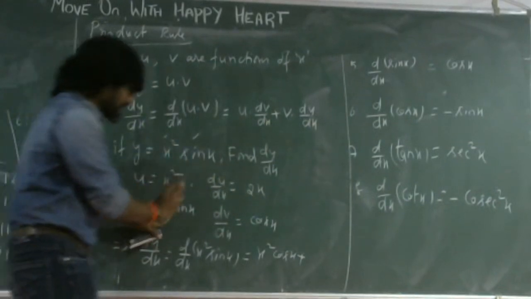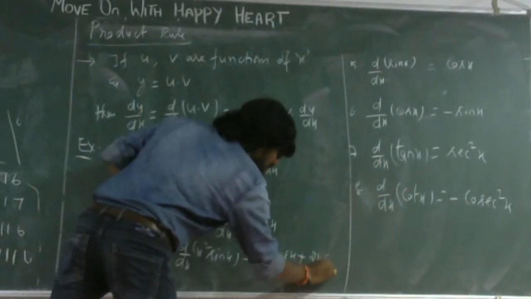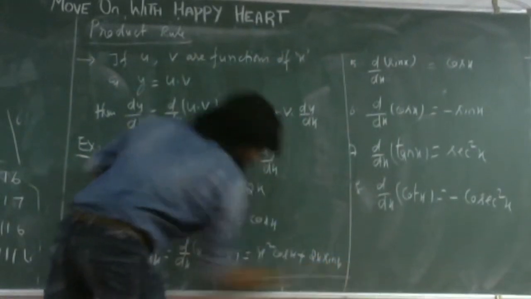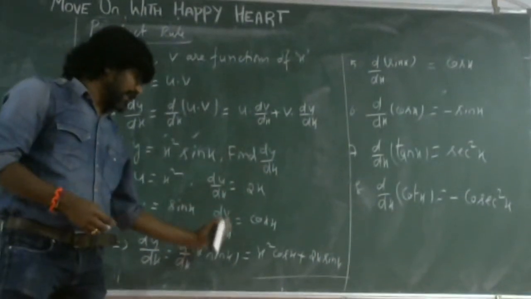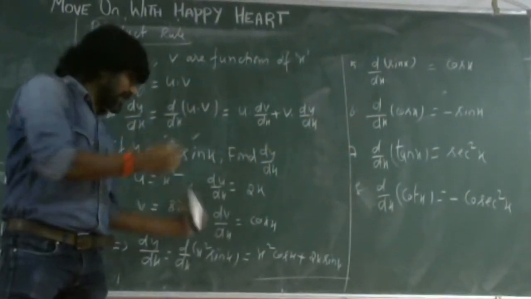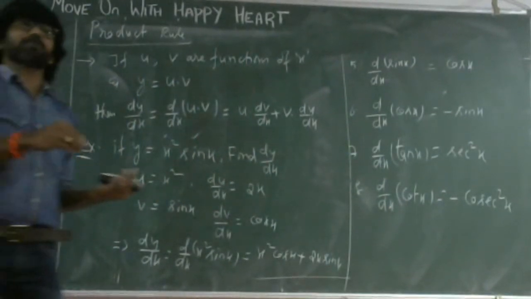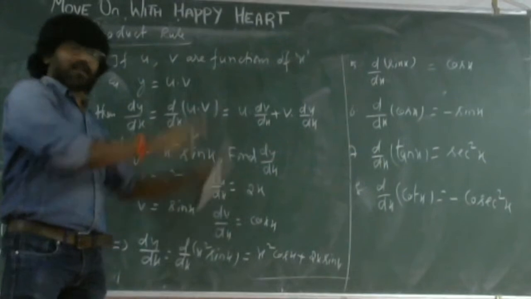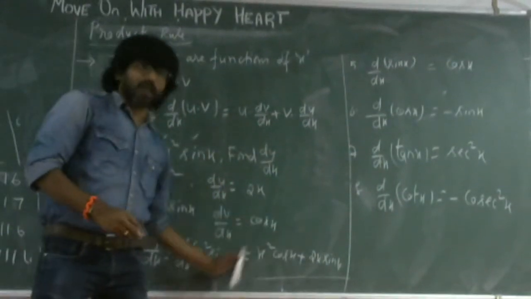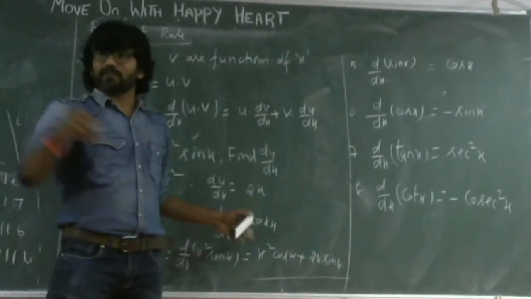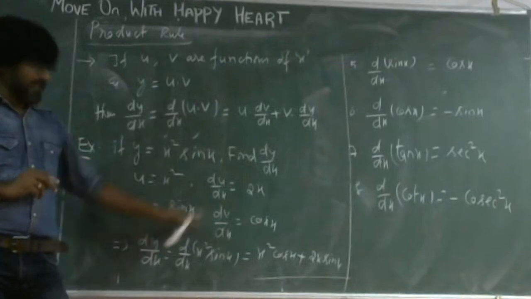So sin x into 2x can be expressed as 2x sin x also. This is your answer. You may take x common and write x into (x cos x plus 2 sin x) also. Depending on the options, you have to simplify further. If this is the option, you can keep it as it is. If in the options x is taken common, then you have to take it common and check which is the compatible option. Got it? Note down this.